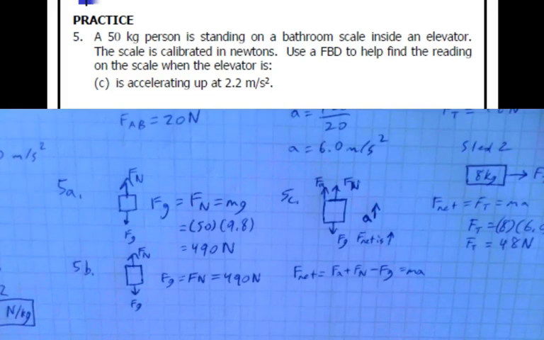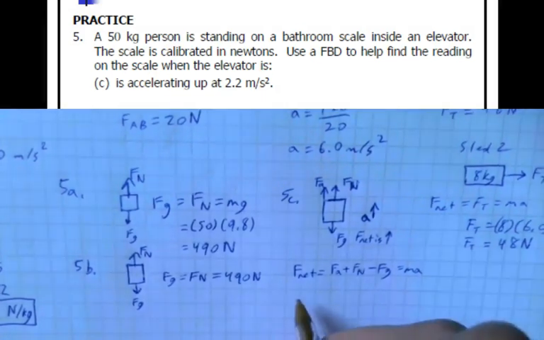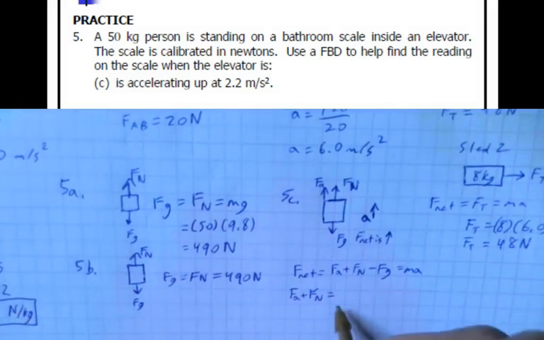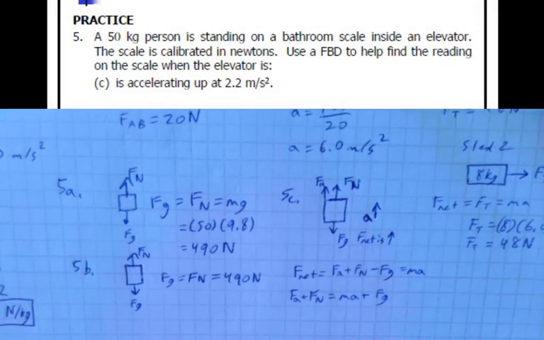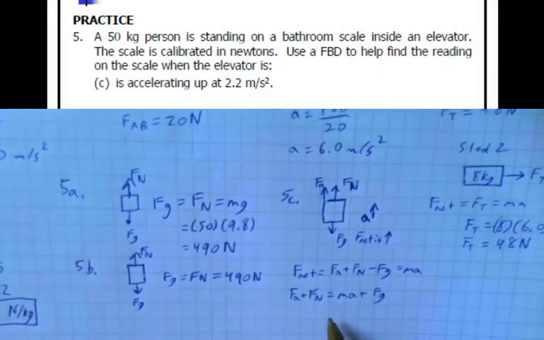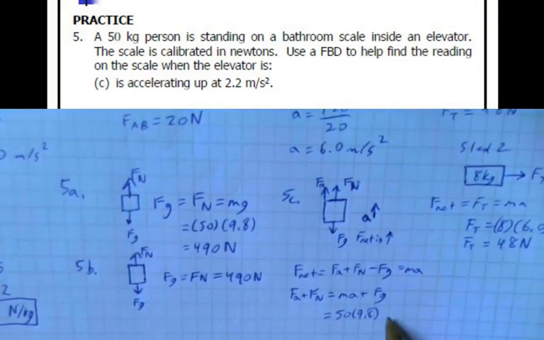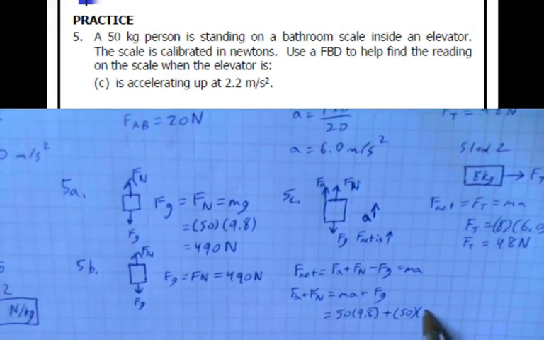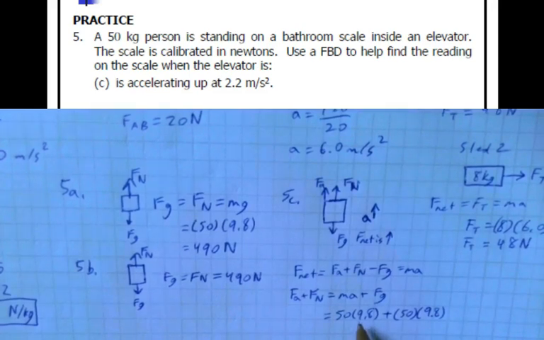So we need to just find out what is the reading on the scale. So it's going to be the equivalent to Fa plus Fn. So Fa plus Fn is equal to ma plus Fg. And that would be the person's mass, 50, times 9.8 plus the person's mass 50 times, this is not 9.8, this is actually 2.2.